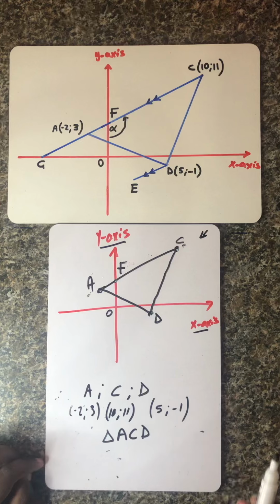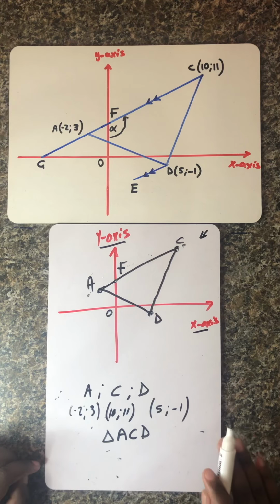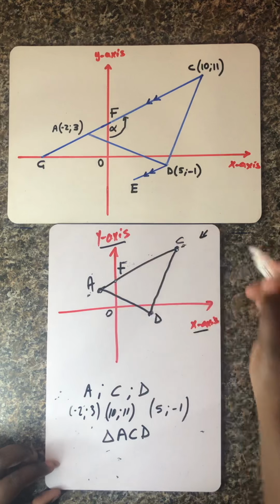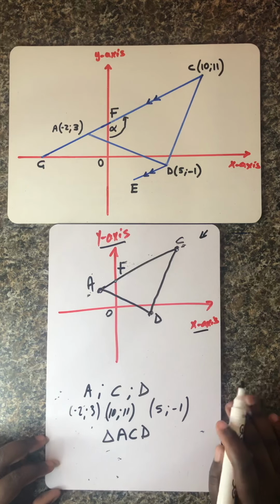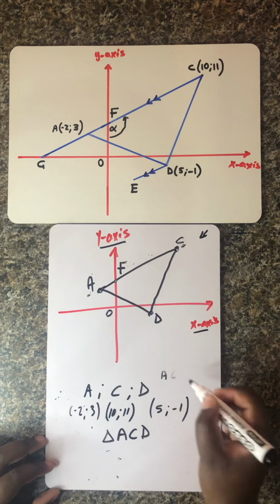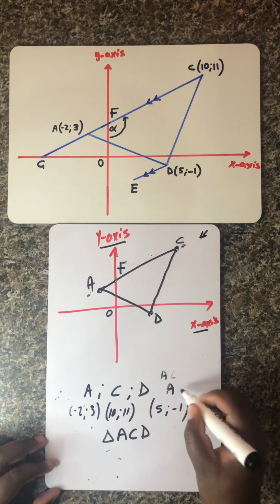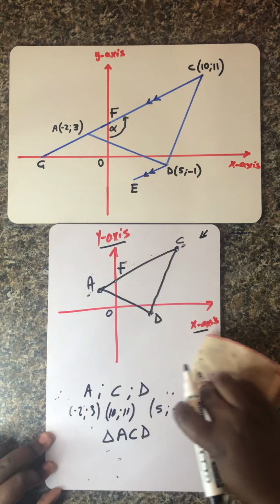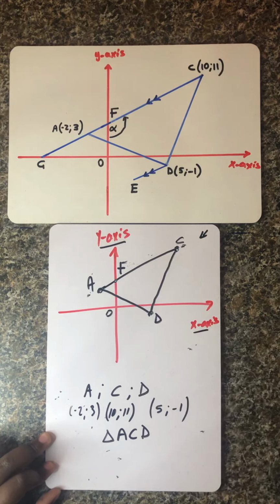Guys, I just want to make it clear that it refers to one and the same thing. But in most cases, I try by all means to follow the alphabetic order. So obviously, A comes before C, so that's why I will say AC. Very, very much important, ladies and gentlemen. So in that way, I remain constant.